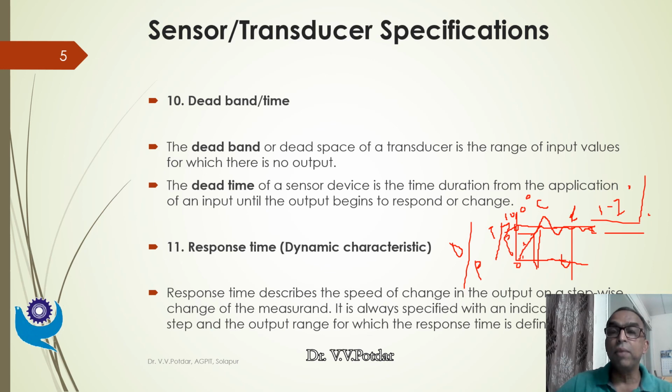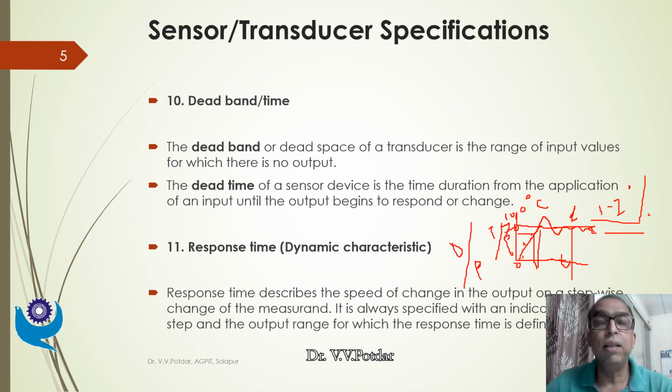So the time required for the transducer to settle around 1 to 2% of the final value is called the settling time of the transducer. So these are the few dynamic characteristics we need to understand and study.